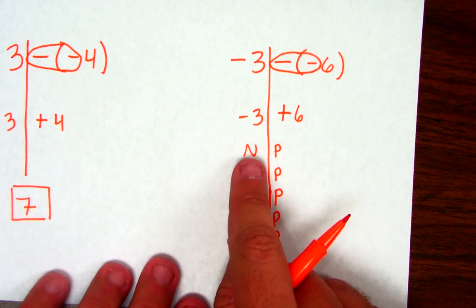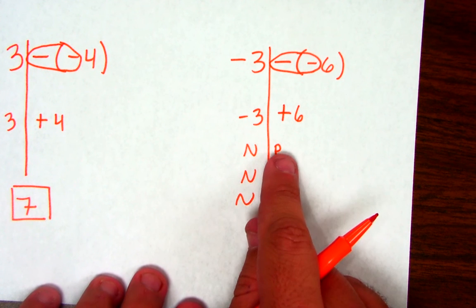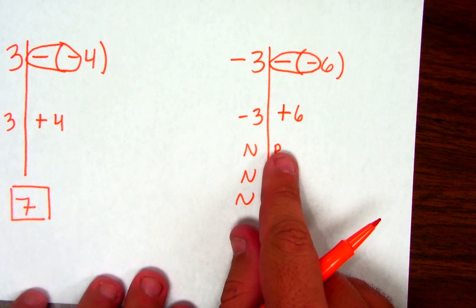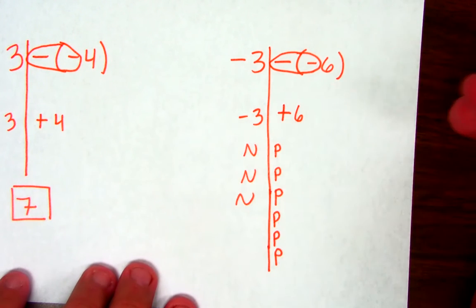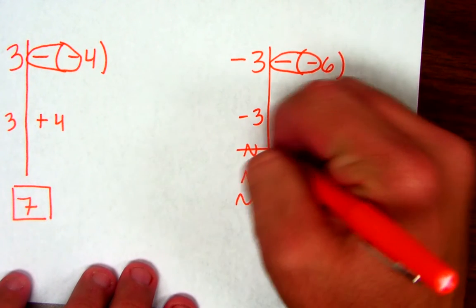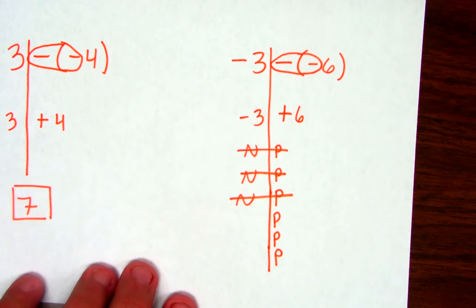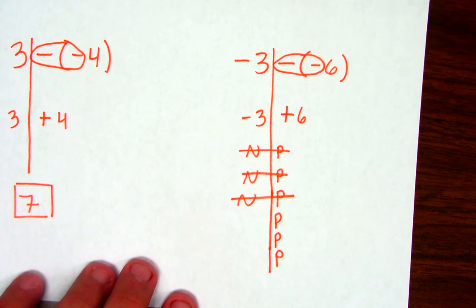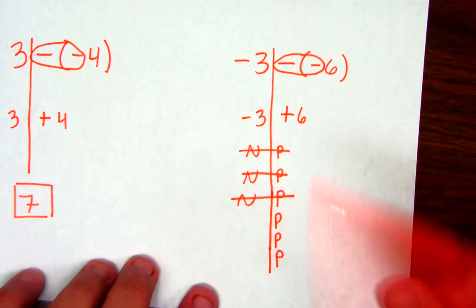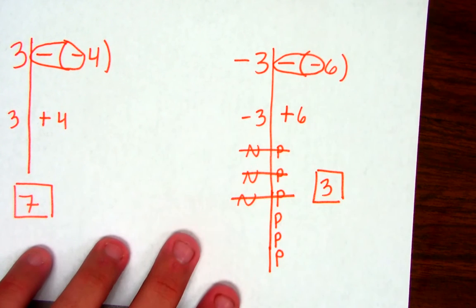So the students with the negative attitudes get their googly eyes when they see that person with the positive attitude, and they're like, let's go on a date. So they go on a date, and their attitudes zero out one another. So those 2 conflicting attitudes zero out one another. Well, after I do all the zeroing out, what am I left with? I'm left with 3 positive attitudes. So the answer is just a positive 3.